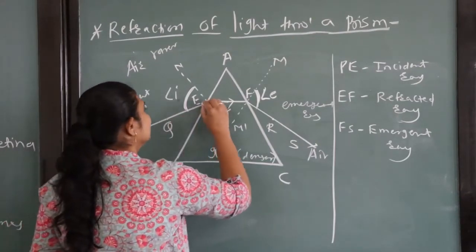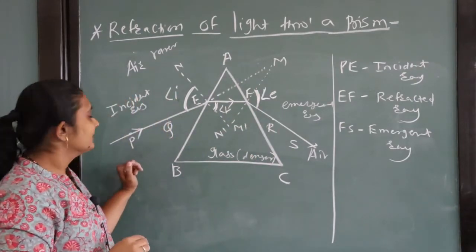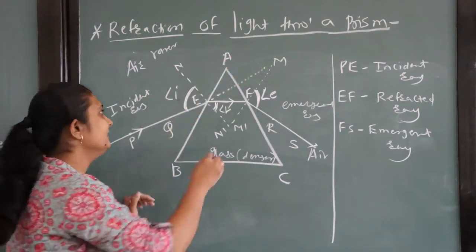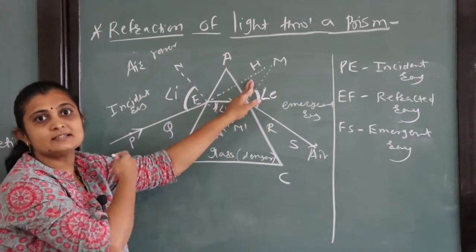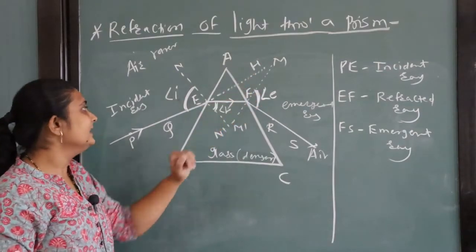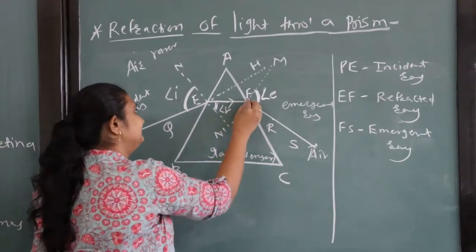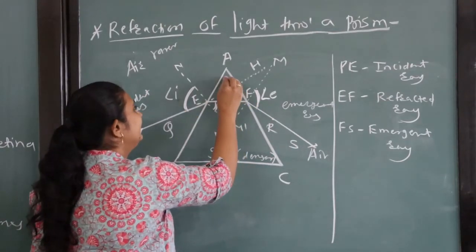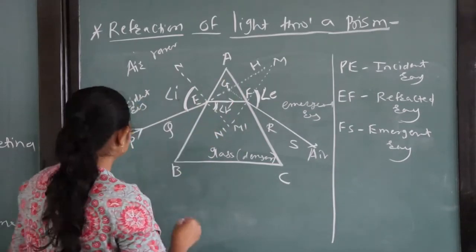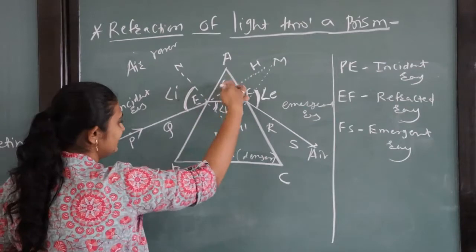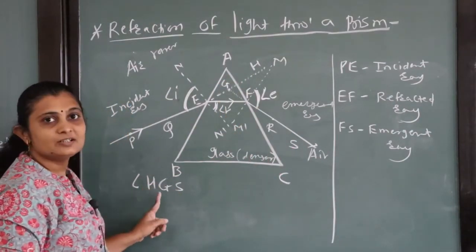Now if the prism is not put here, then what happens? This is the path of the incident ray, we denote here H. P, Q, H, this is the path of the incident ray. And if we extend this ray FS backwards, it meets at point G, then we get one angle, that is angle HGS.